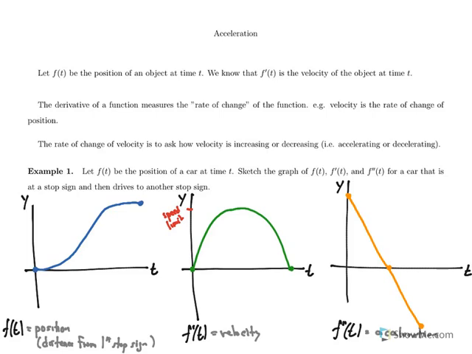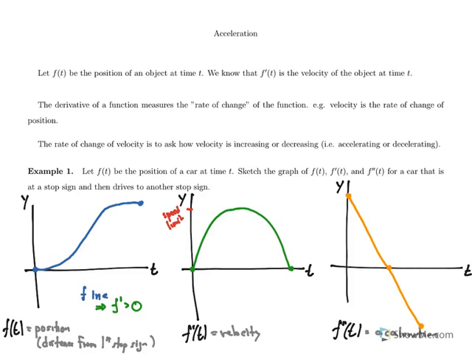And let's look at the signs of the derivative and see if this matches up real quick. So for the original function, this function is always increasing. And that means that the first derivative is positive. It's always above the x-axis, or the t-axis in this case.